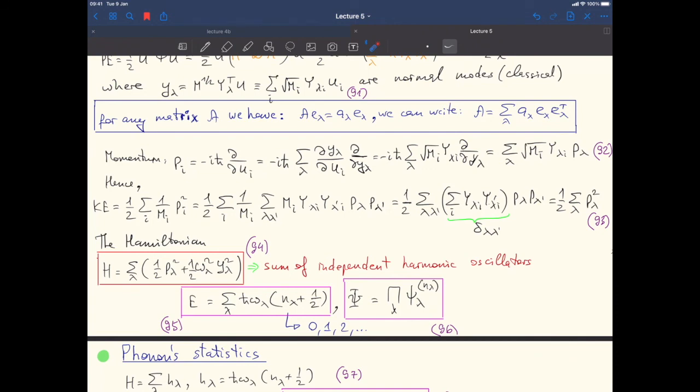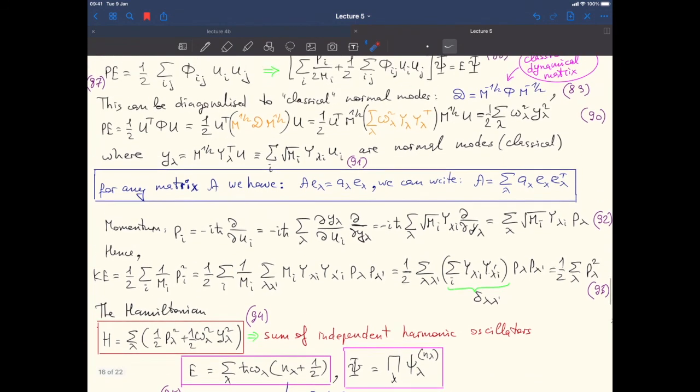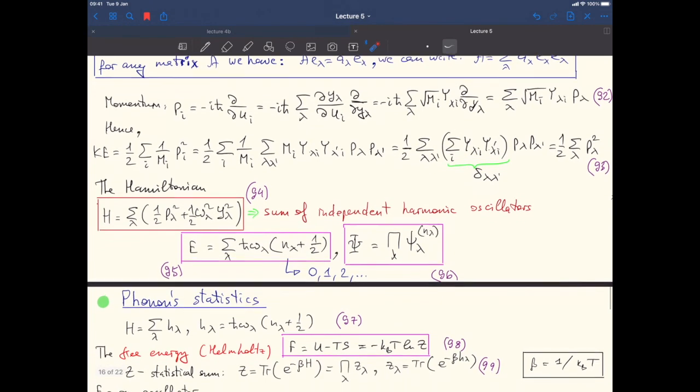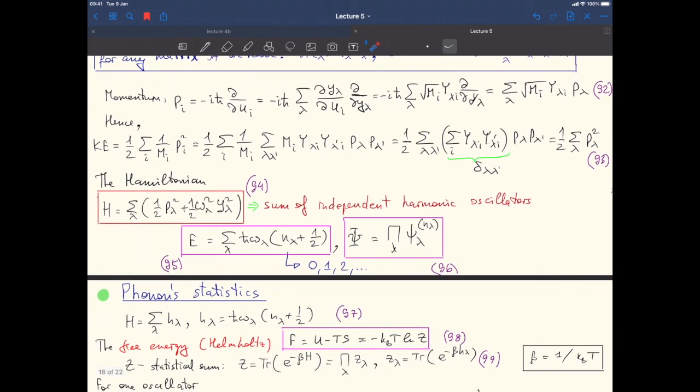And again, we see that we managed to solve this rather complicated Schrödinger equation for a collection of harmonic oscillators by means of a very special transformation from old coordinates u to new coordinates y lambda, and that allows us to fully characterize the solutions of that equation, both the total energy and the wave function.